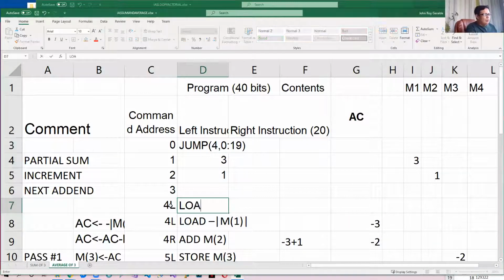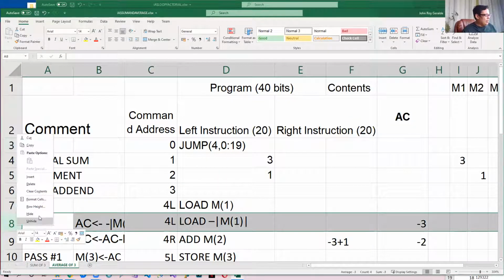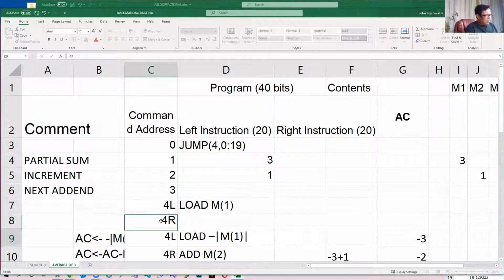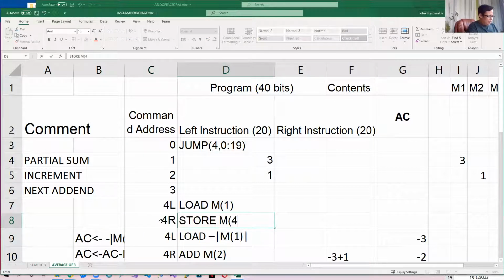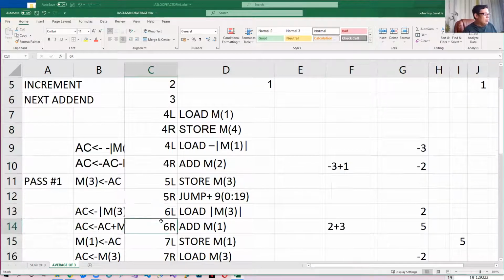So we'll say load M1. Because we're going to save the and then this will be our 5R. 4R. Store M4. You follow? So yeah, we'll have to change this.